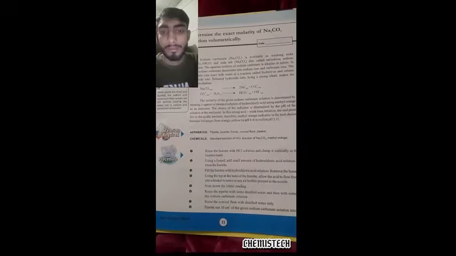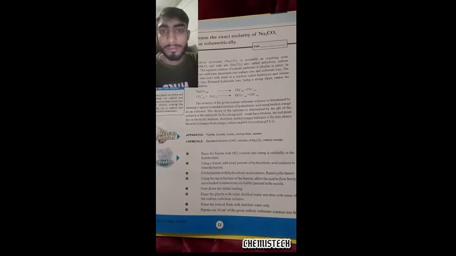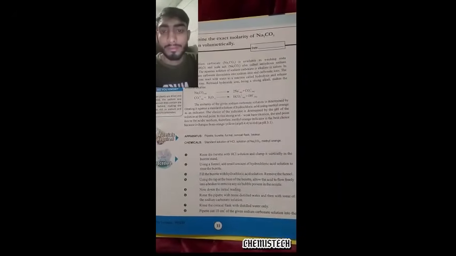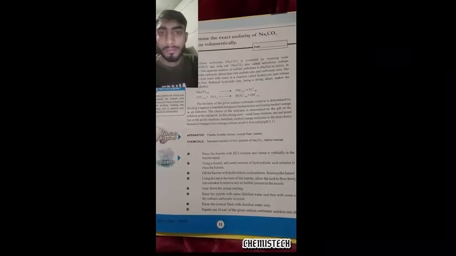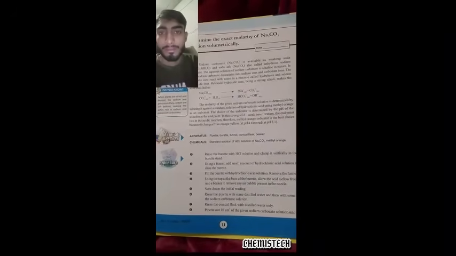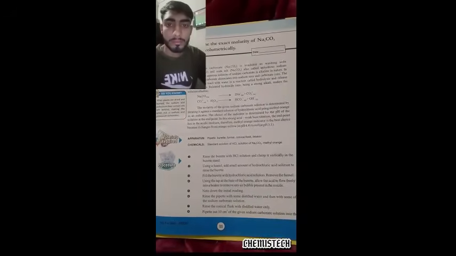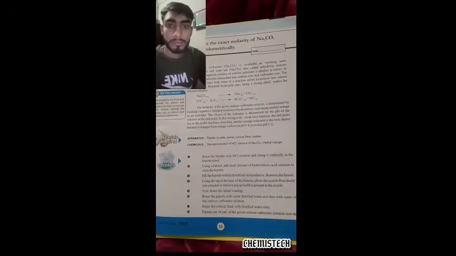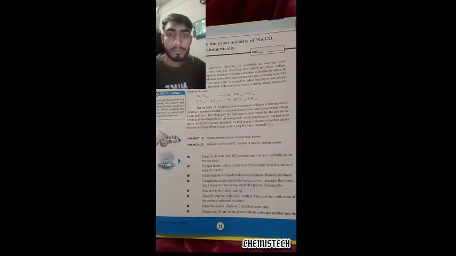In water, sodium carbonate dissociates into sodium ions and carbonate ions. The carbonate ions react with water in a reaction called hydrolysis and release hydroxide ions. The released hydroxide ions, being a strong alkali, make the solution alkaline.